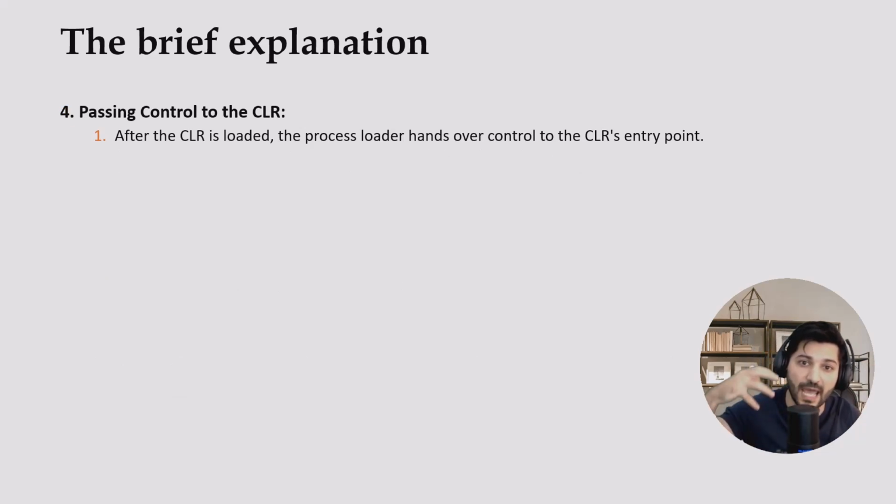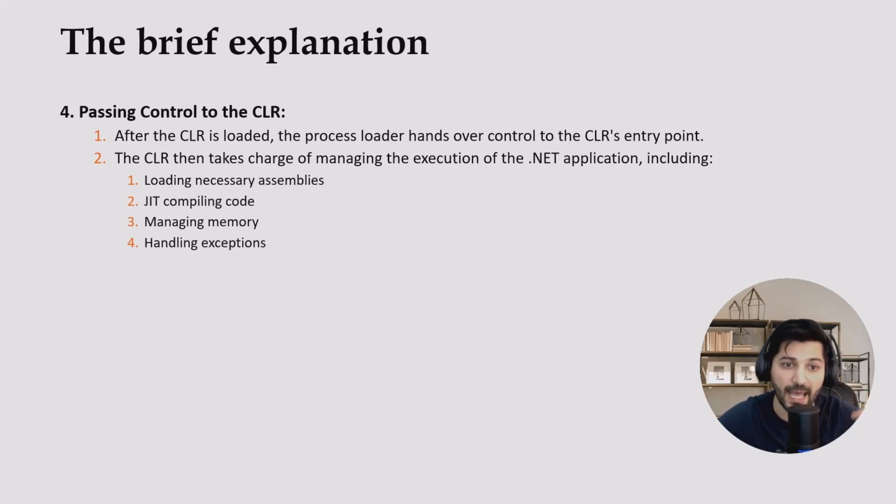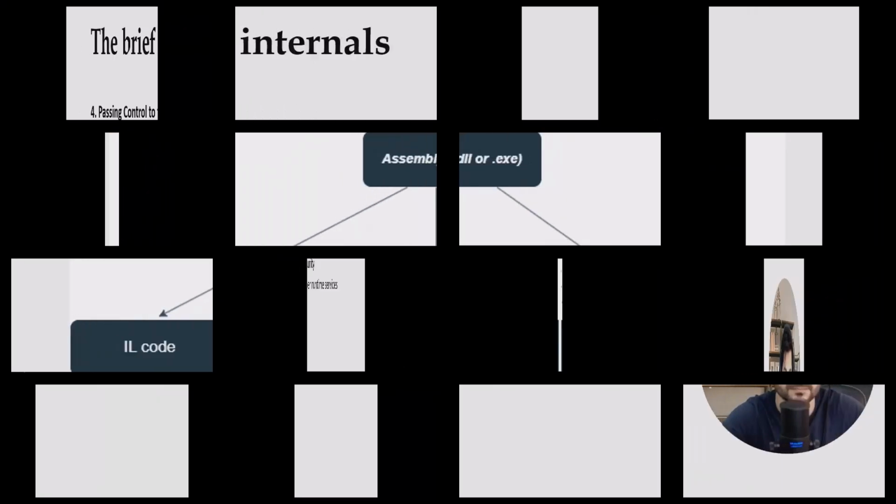The process loader hands over control to the CLR's entry point, and the CLR takes care of the rest of the things. These are actually the responsibilities of the CLR: loading necessary assemblies, JIT compiling code, managing memory, handling exceptions, enforcing security, and providing other runtime services.